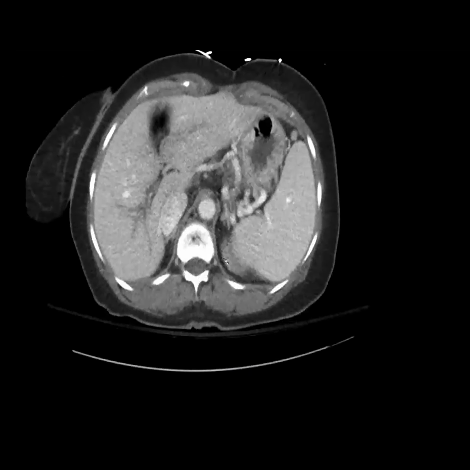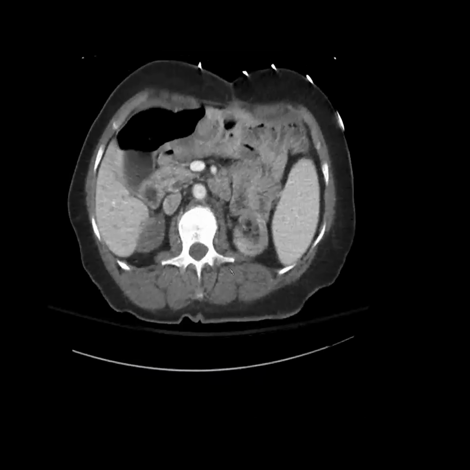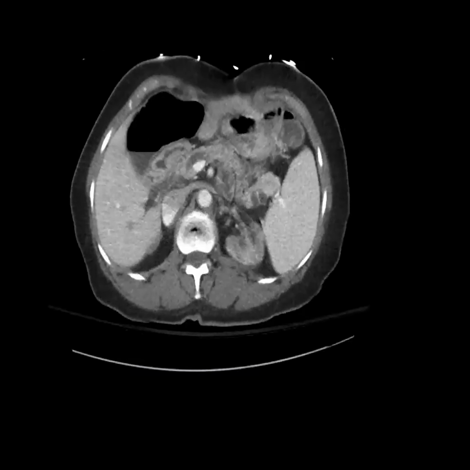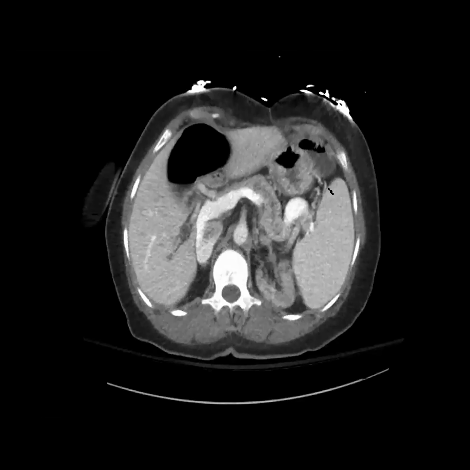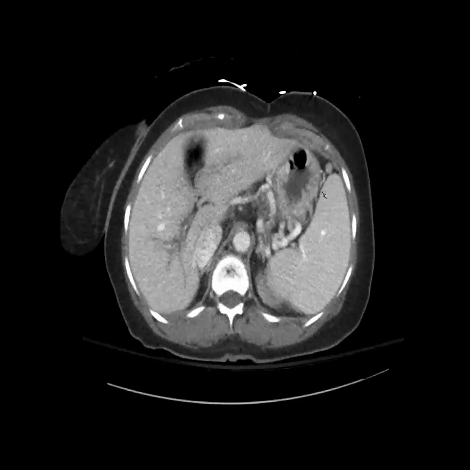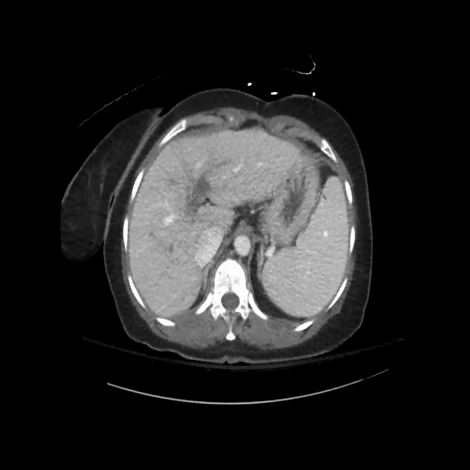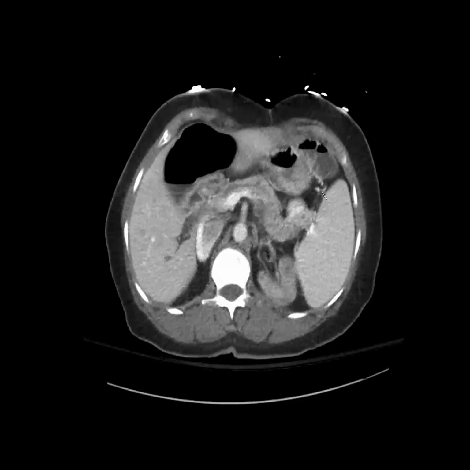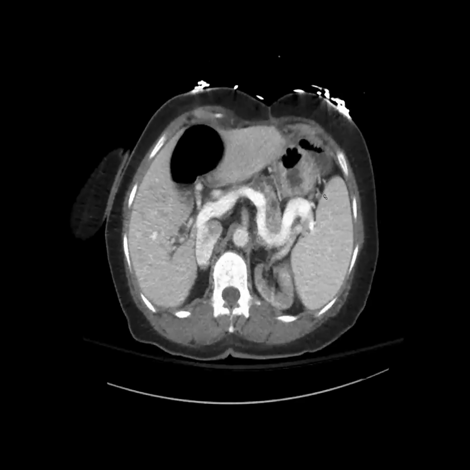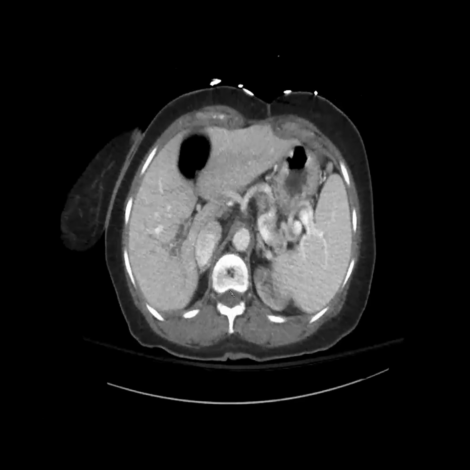Okay, this is my next case. This is a vascular case. Focus in and around the liver. What do you guys think?